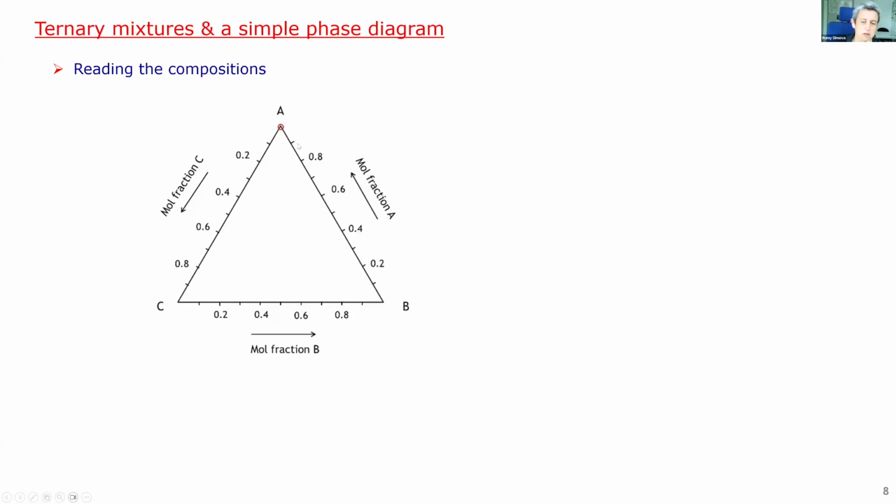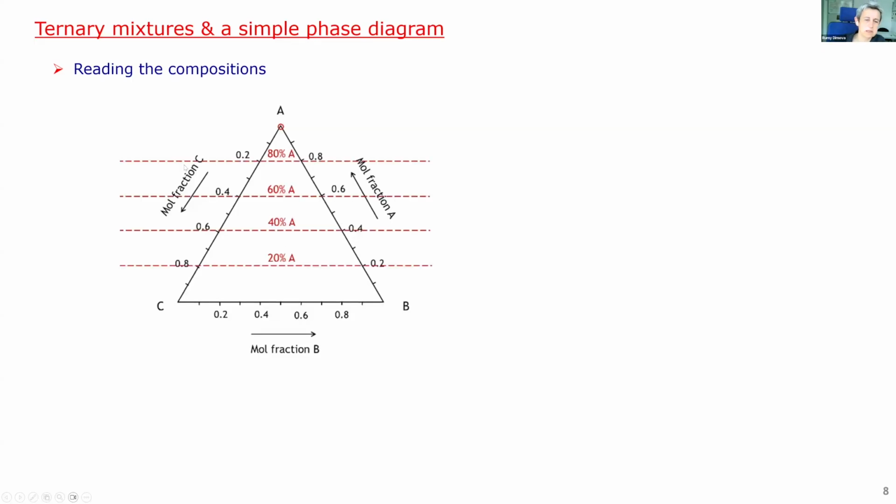At the ends of the triangle, you have 100% of each component, and the shoulders are the binary mixtures. A and B are located here, and the three-component mixtures are located somewhere here. And how to read these compositions?